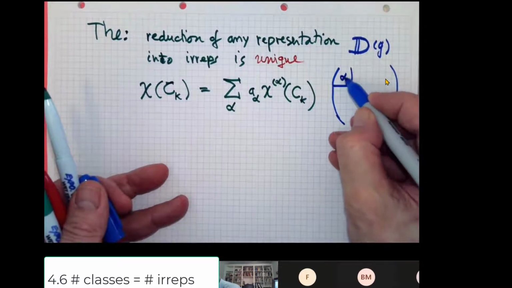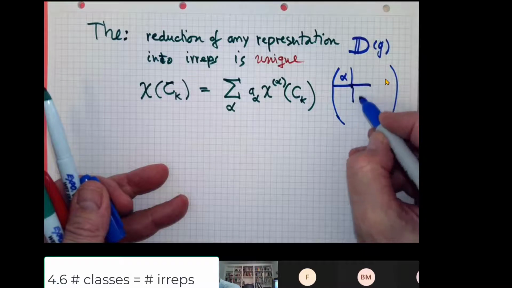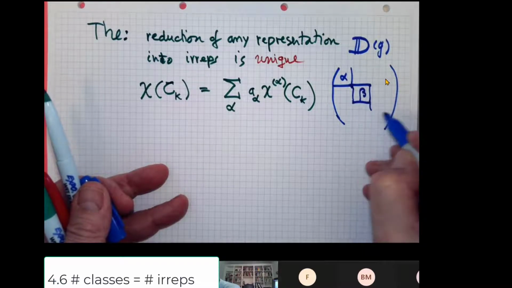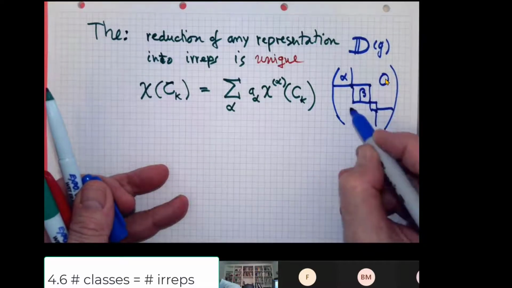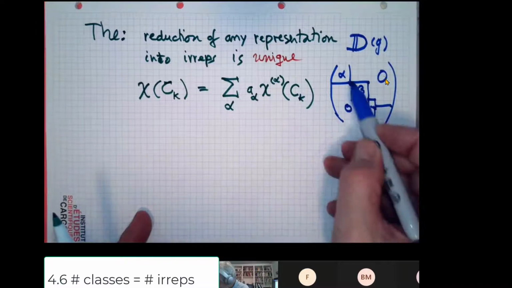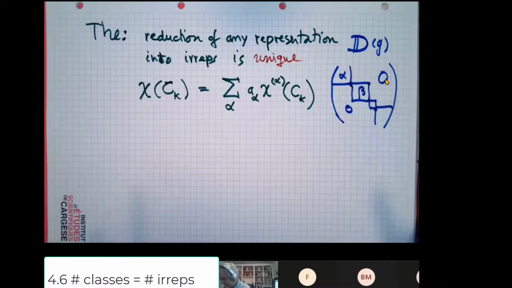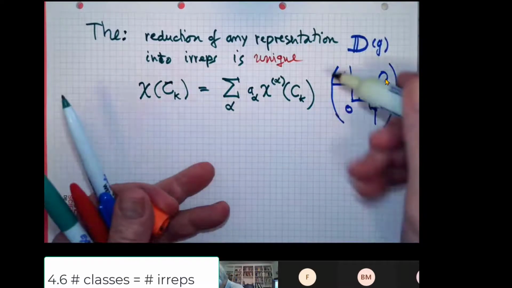then there is a block alpha, there is a block beta, and so on, right? And everything else is zero. So when I take a trace, I'll pick up the character of the first block, second, third, and they're by definition irreducible representations because we have done this as well as possibly can be done.